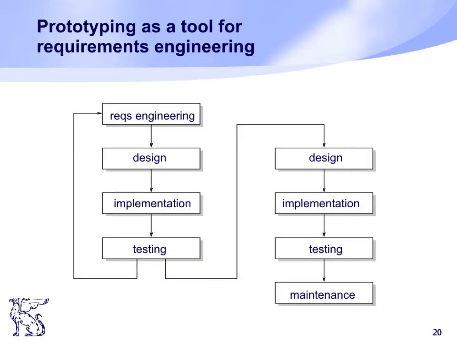Now we will show prototyping as a tool for requirement engineering. One of the reasons to use prototyping in requirement engineering is that sometimes it's very difficult for some users to express their requirements precisely. So then it's natural to clarify this through prototyping.